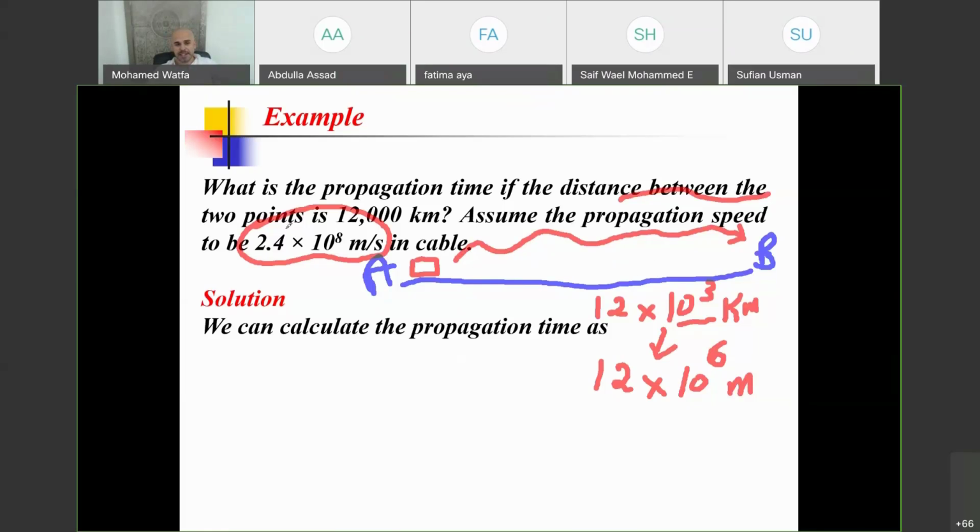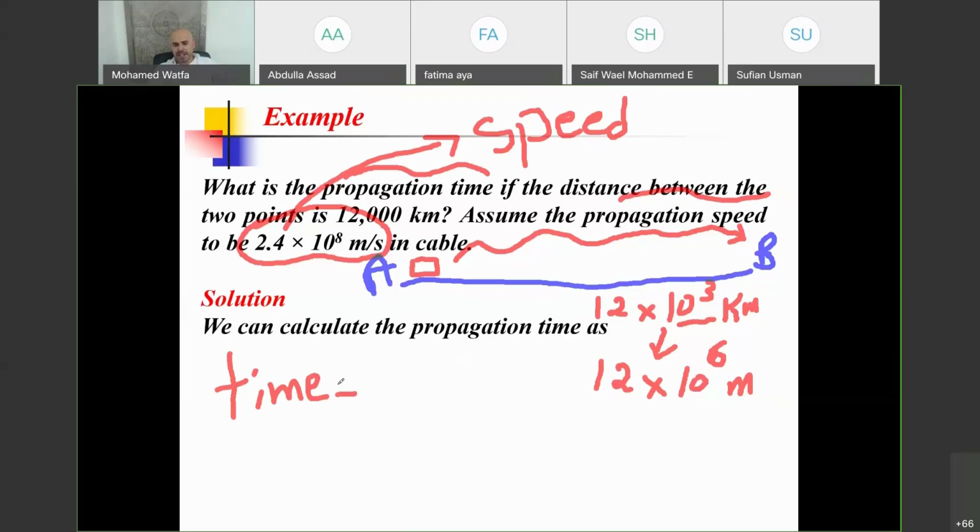The speed, the velocity of my signal, is given. The question is the propagation time. How long would it take? Time. The time is very easy. Look at the units. The speed is distance over time, right? So if I were you, I always put the units. I will never make a mistake.